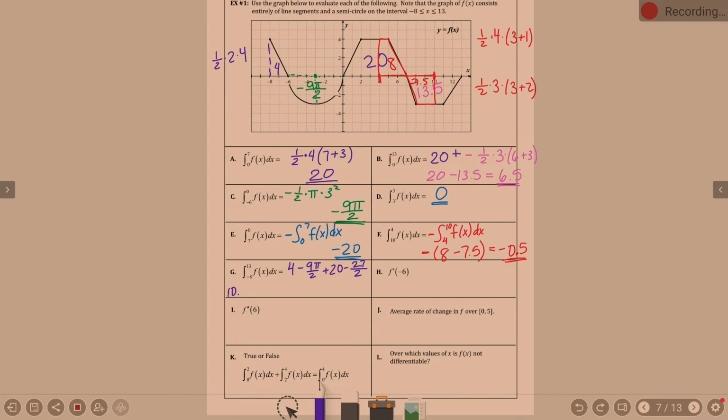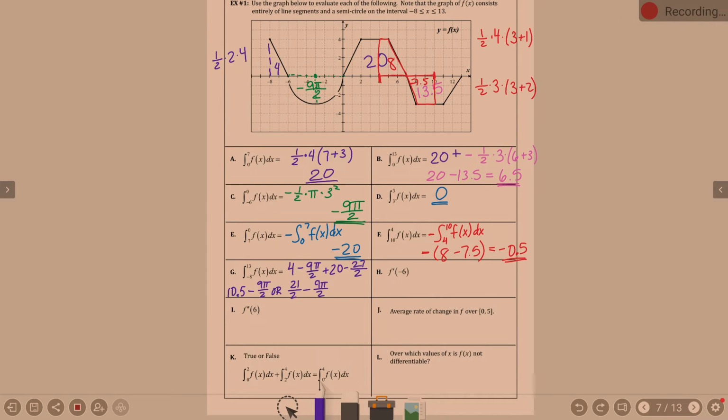I mean, the not very good way is 10.5 minus 9 pi over 2. That's kind of, I've got a decimal and a fraction there. If we look at 10.5, that's 10 and a half. 2 times 10 plus 1, and so that is 21 halves minus 9 pi over 2.